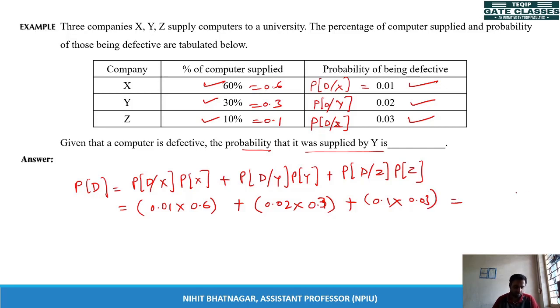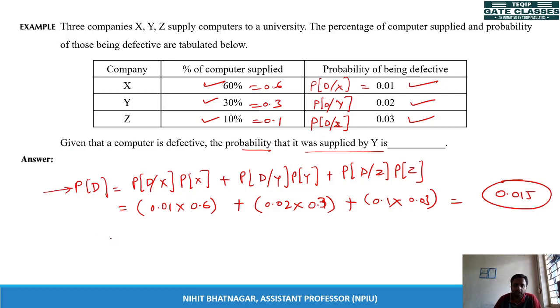The resulting value is 0.015. This is the probability of getting a defective item from any of the companies X, Y, Z.